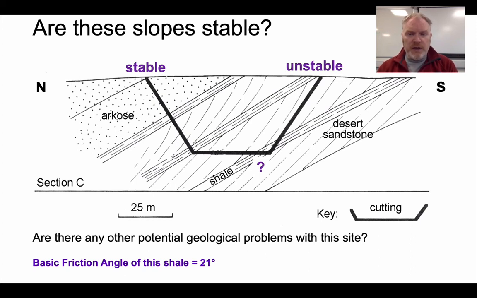Now, if we remove the rock above that, remove some of that confining pressure, could we end up with an artesian spring going into our cutting? Could we end up with swelling of the shale into the cutting, deforming whatever we're putting in there? Again, we need to know. We need to think carefully about what's going on with the water.